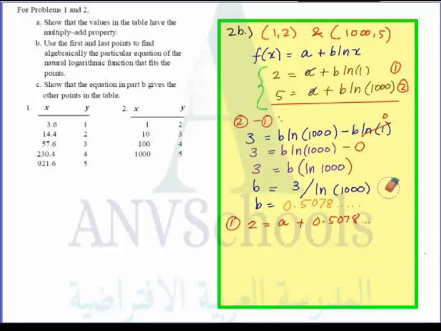So it will become 3 over ln of 1000. Our b is therefore 3 over ln of 1000, which is 0.4342.